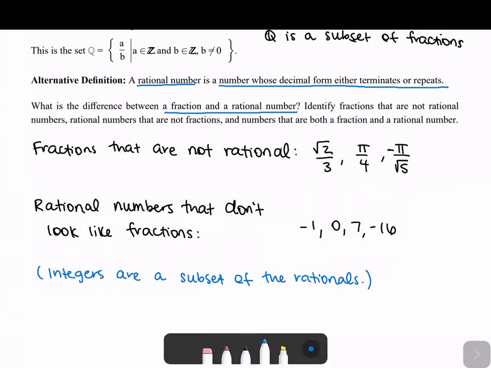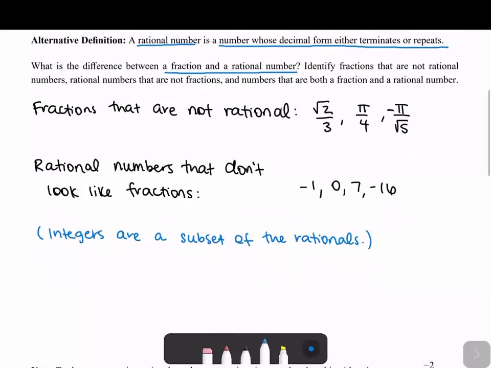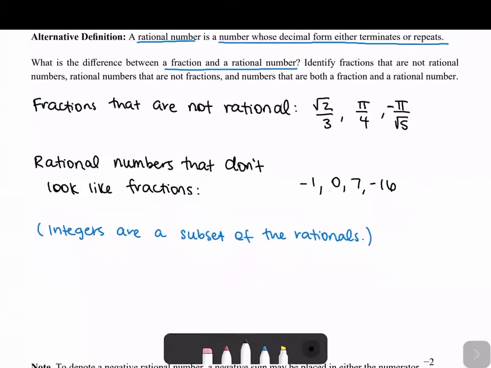All integers can be thought of as a fraction by putting it over 1. And because 1 is an integer and the number we started with was an integer, these are fractions of the form integer over integer. And then we can think of the things that we would normally think of, the fractions that we typically use.